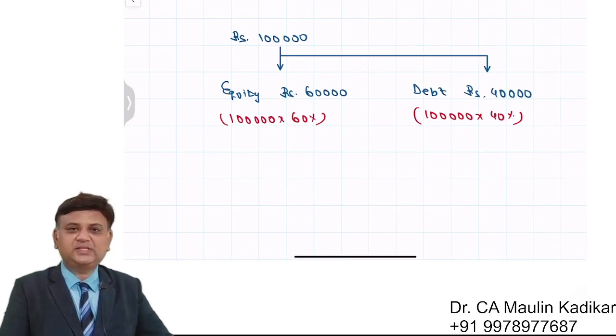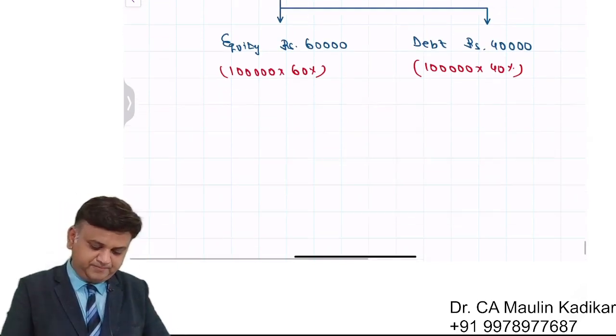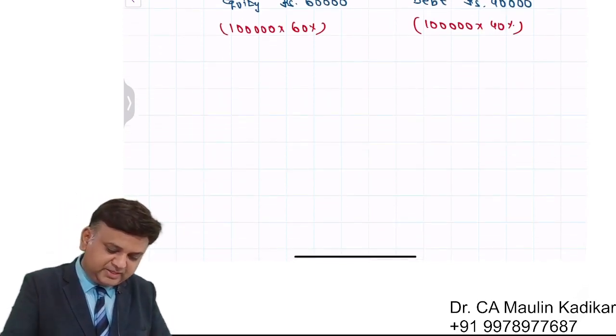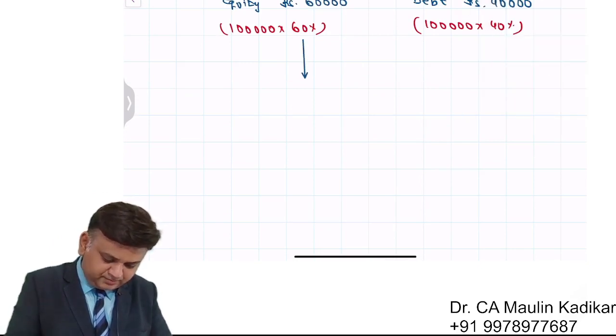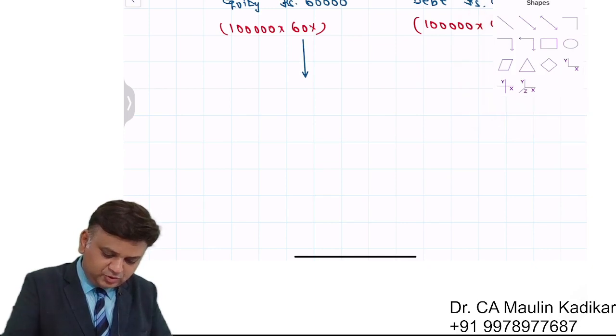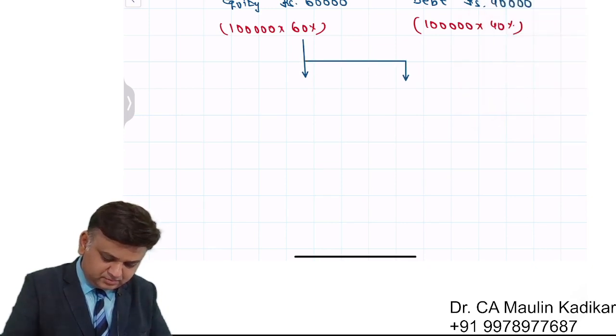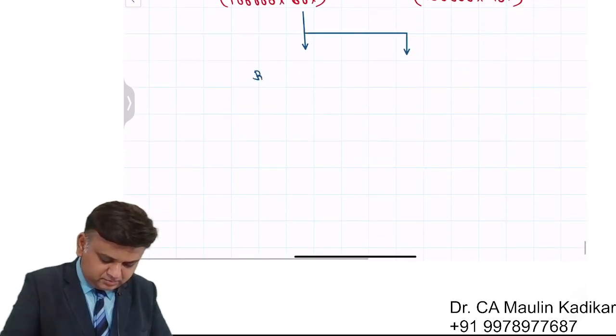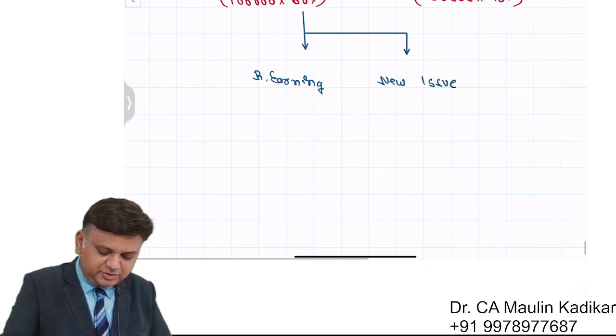Dear students, equity is again divided into two parts. One is the retained earning component and another is the new issue component. Retained earning and new issue.